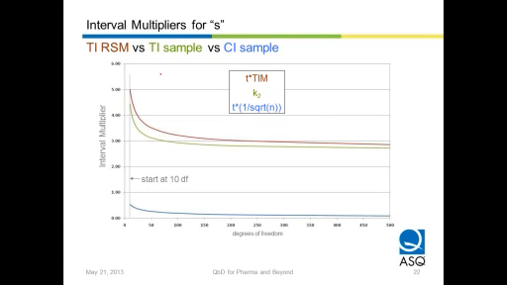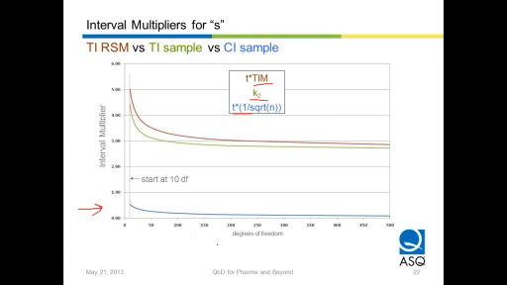So what I've done is I've taken the numbers, and actually Pat was kind enough to do this for us, and converted it into a graph that makes it more visual, what the rigorousness is in terms of moving from doing a confidence interval, which is the bottom line here, using the t-value times 1 over the square root of n, and then looking at the single sample K2 line, which is the olive colored line here, and then even more difficult is the tolerance interval that goes with a design experiment, which is the TIM, the tolerance interval multiplier, and you can see that in the scarlet.